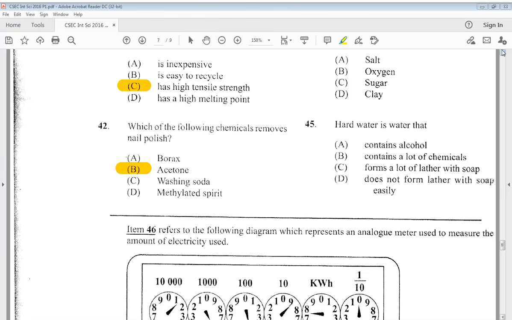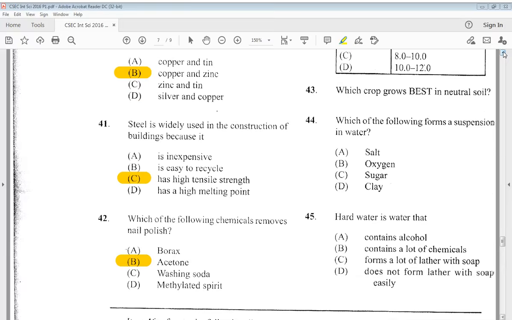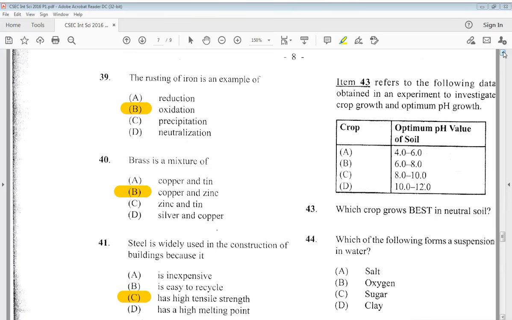Let's move on to number 43. Here we go. Item 43 refers to the following data obtained in an experiment to investigate crop growth and optimum pH growth. So there we have our diagram. You will see what the figures are there. And we have A, 4.0 to 6.0, B, 6.0 to 8.0, C, 8.0 to 10.0, or D, 10.0 to 12.0.